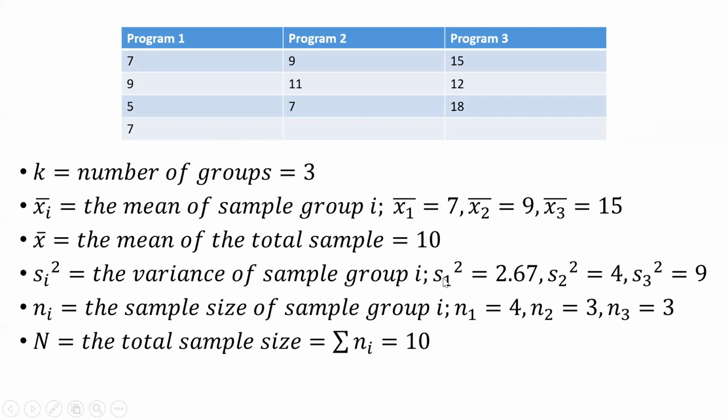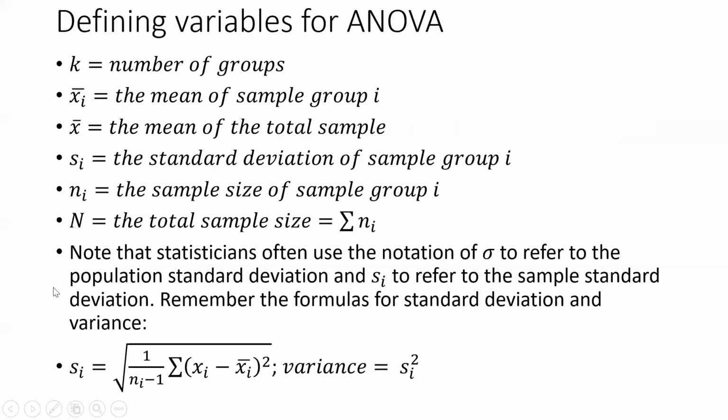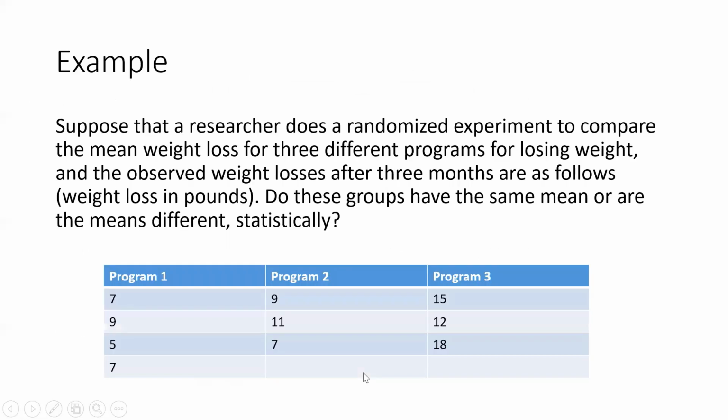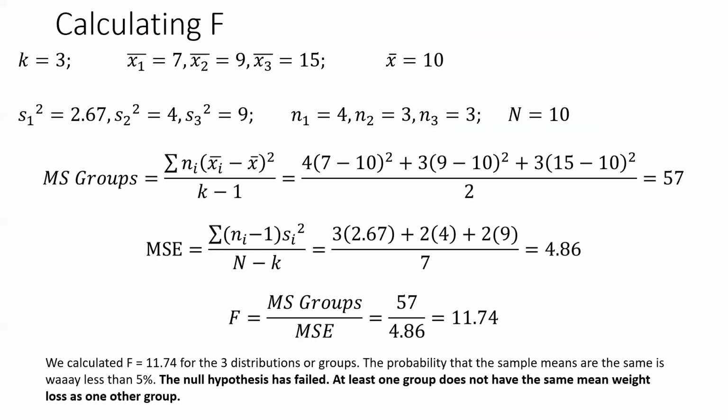That's the standard deviation squared. So the variance is the standard deviation squared. Then we have the sample size per group. That's 4 points for program 1, 3 for program 2, 3 for program 3. The total number of samples is 10. We're going to take those quantities and copy them to the top of the page here.